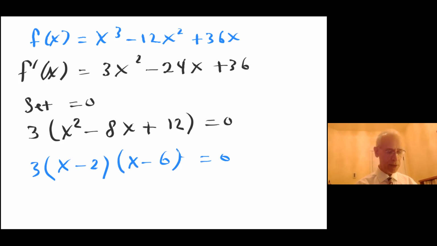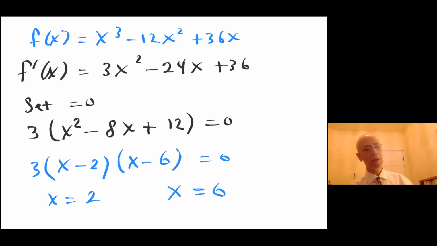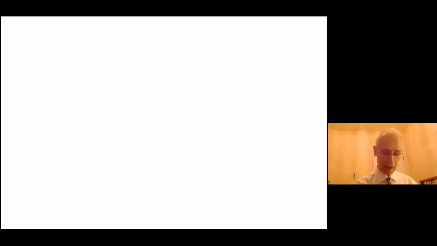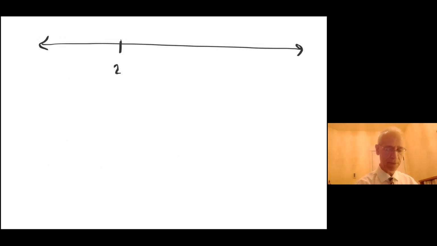So notice that at x equals 2 and at x equals 6, I have a turning point. At x equals 2 and at x equals 6, the slope of the tangent line is 0. So I have a turning point in there. Let me go to the next page. And so let's say I put a number line in here, where 2 is somewhere here, and 6 is in here.